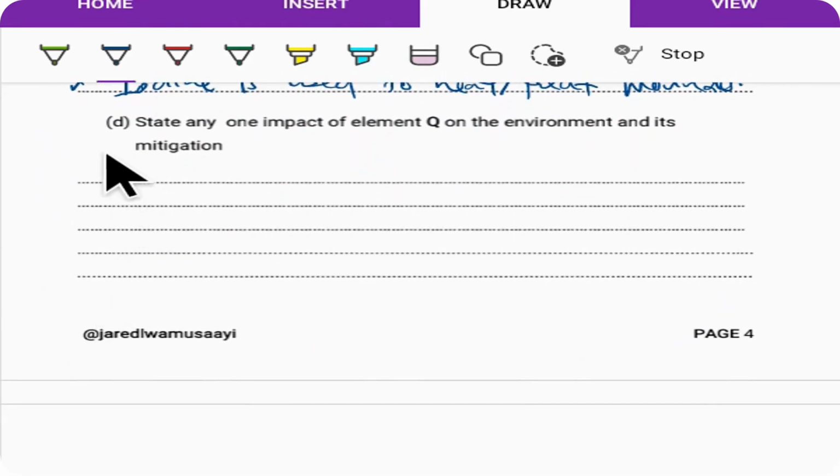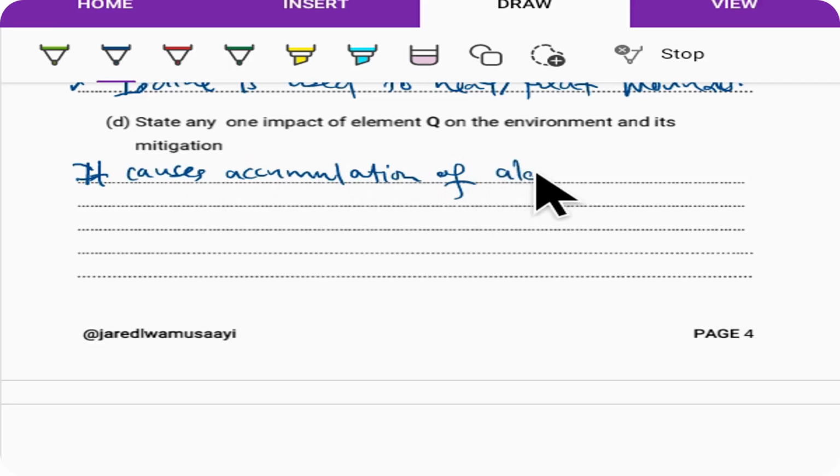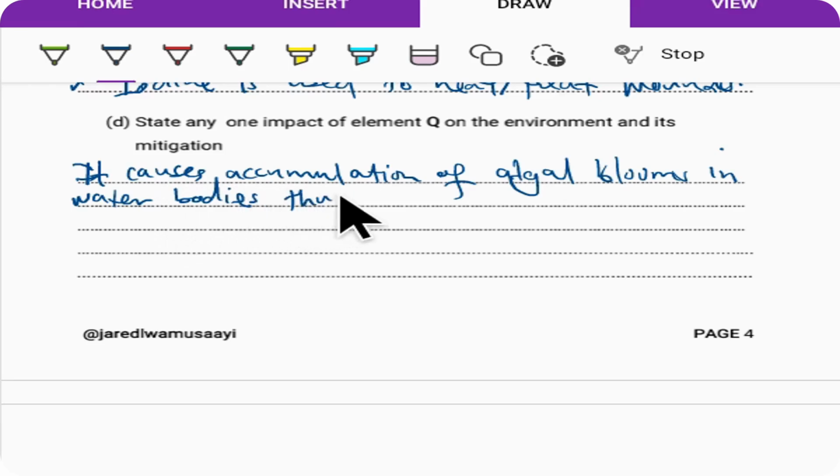We can say that it causes accumulation of algal blooms in water bodies, thus water pollution.